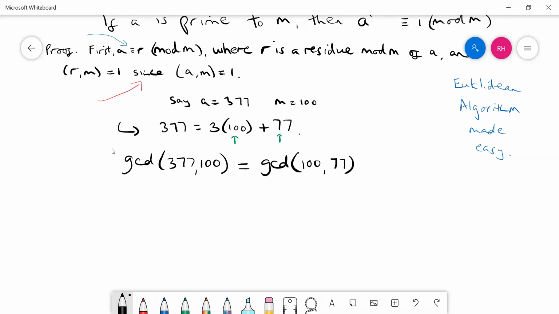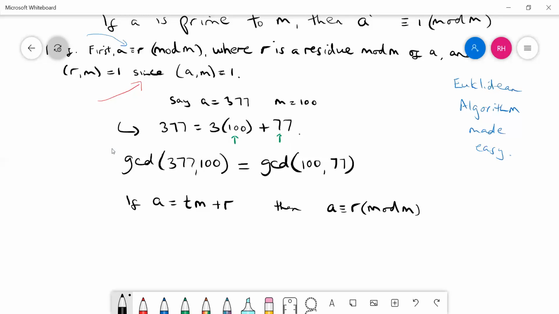If A is equal to T times M plus R, then A is equivalent to R mod M. We're told A is equivalent to R mod M, so that's what we see here by the first part of the Euclidean algorithm.